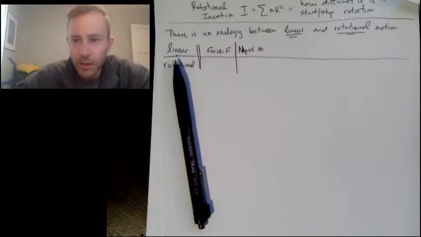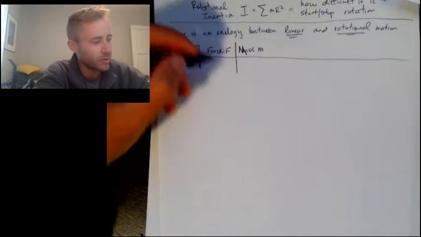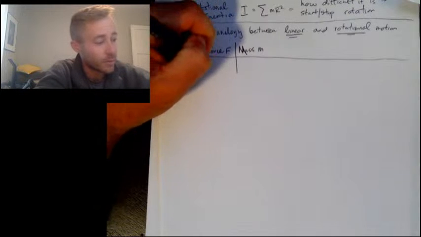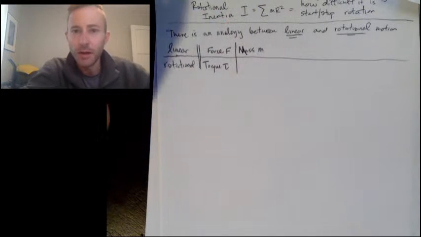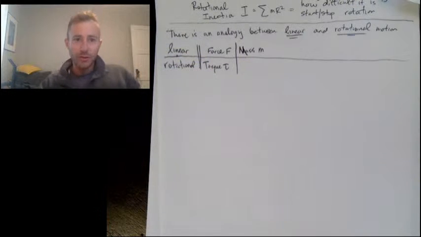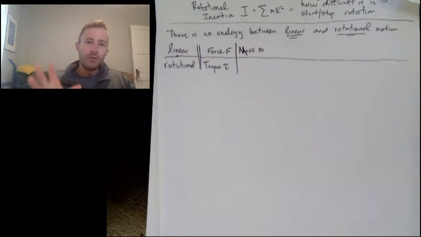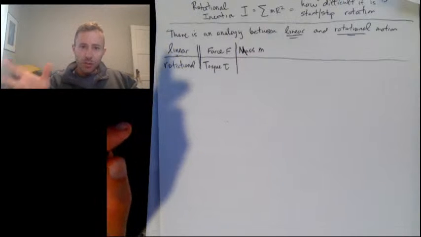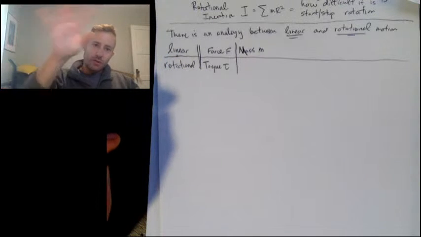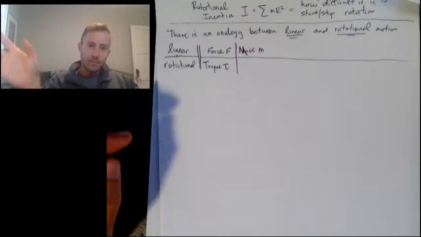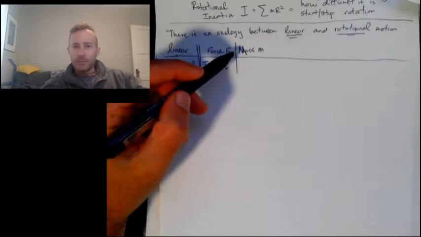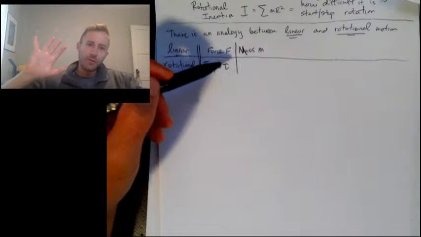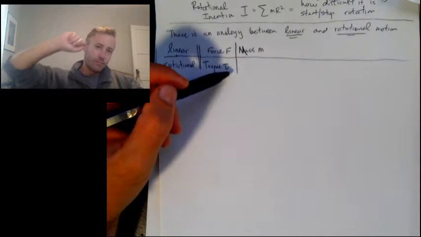So the thing that is analogous to force is torque. A force is a push or a pull that moves something from point A to point B. A torque is a twist that rotates something by a certain amount. Mass determines how difficult it is to push something.